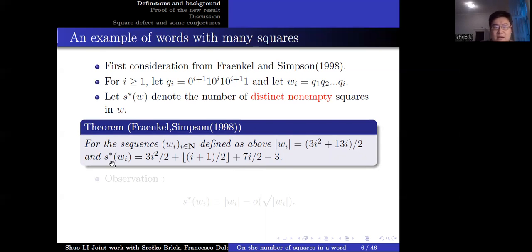Here by S star of W, I mean just the number of distinct non-empty squares appearing in W, so in this case we don't count the empty word. With these two formulas, we can make the following observation. In fact, S(W_i) is merely smaller than the length of W_i, or more precisely, S star of W_i equals the length of W_i minus something in the order of the square root of the length of W_i.